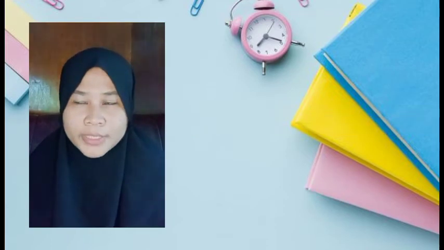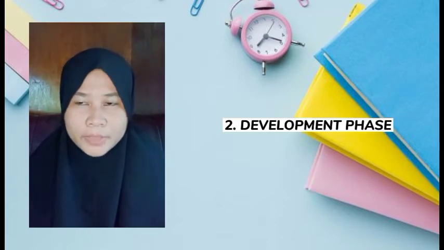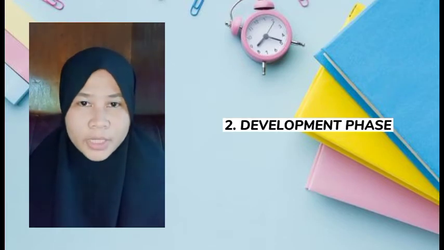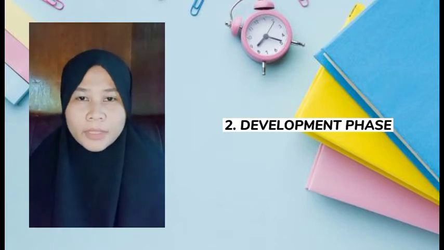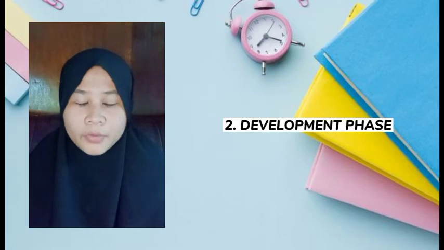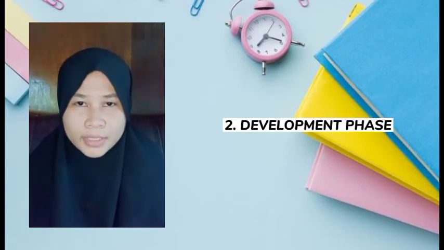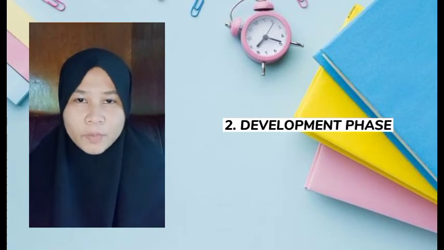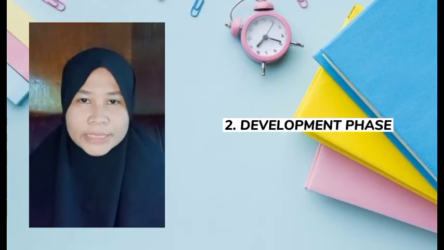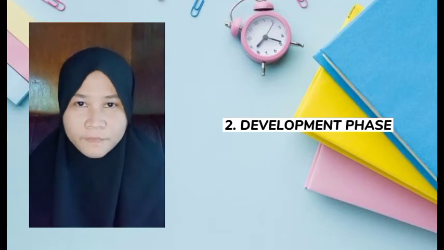The second stage is development phase. The first is inputs for the second stage, the goals and objectives of the course formulated from the inventory of needs in the first stage, and the content of a syllabus design.